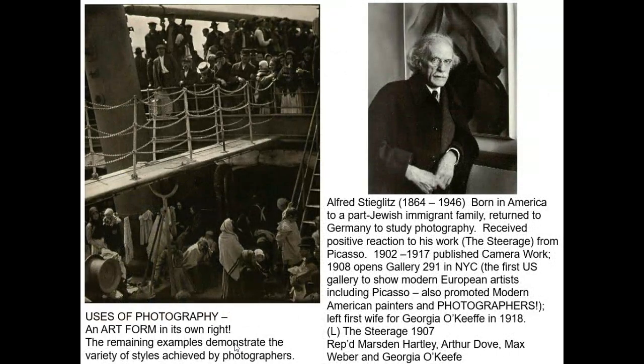Probably the most famous American photographer, a name that we should definitely recognize, is Alfred Stieglitz. Stieglitz was sort of the champion of the idea that photography could be a legitimate art form. You have to remember that a lot of people saw it merely as a scientific or mechanical process for making an image.